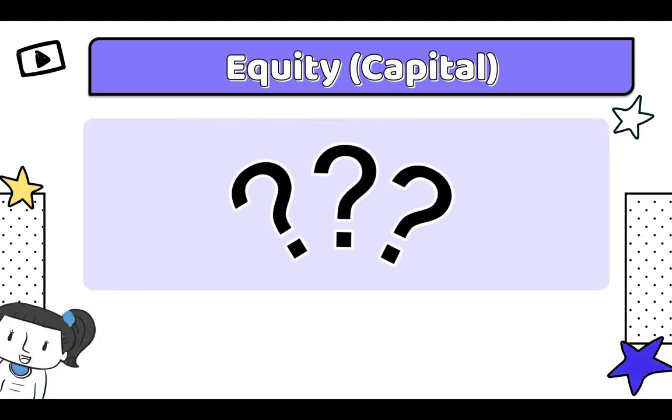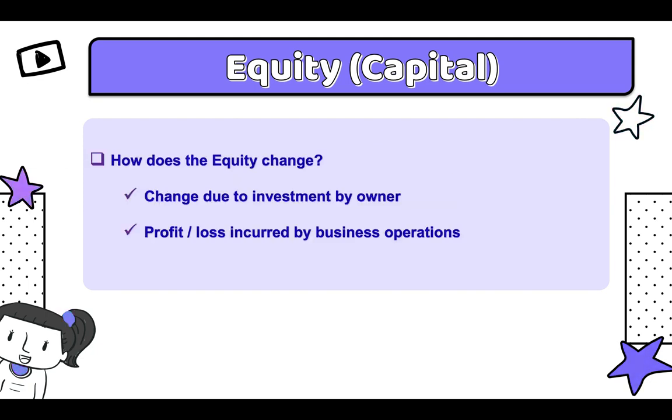All great questions. One direct way will be that the owners invest more in the company, and so the equity changes. The other way, and this is the most common way, is having profits or loss as the business is conducted. Let's have a look at how we can quantify profit and loss in accounting.